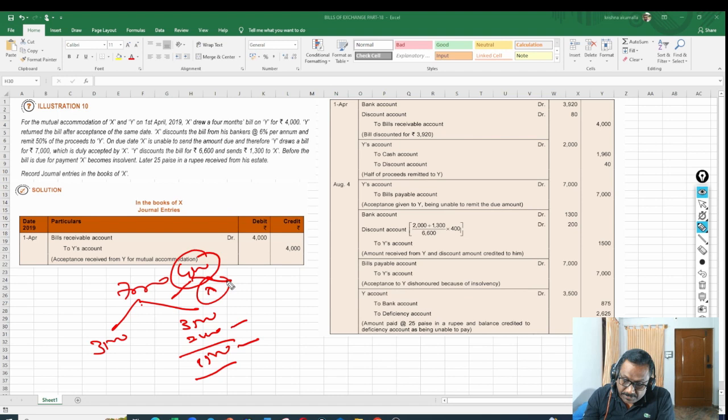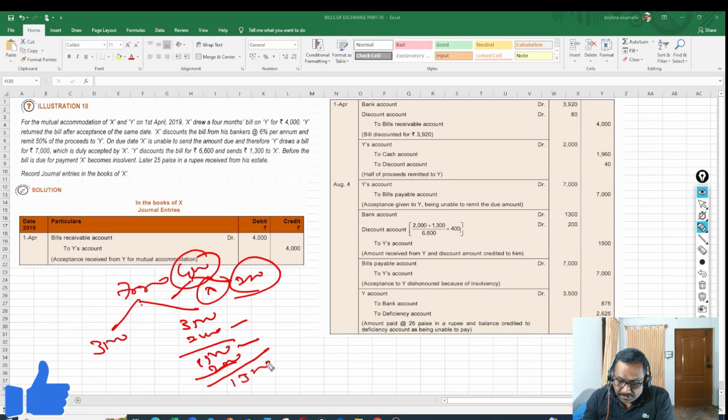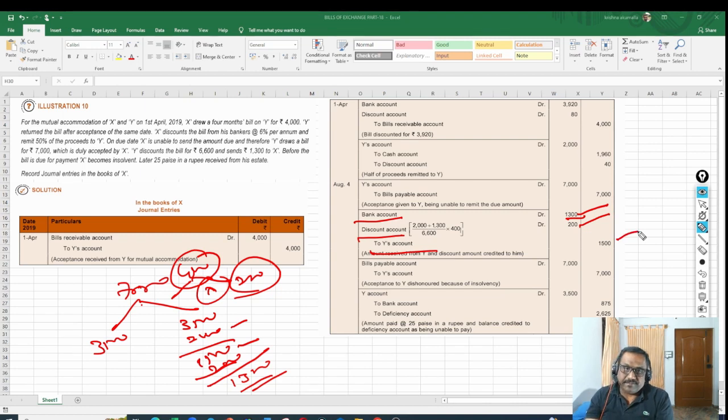Of this, 200 rupees he will bear and 200 rupees he will ask X to bear. So if he deducts 200 rupees, he has to pay 1,300 rupees to X. That is the reason X received 1,300 cash from Y. Bank account debit 1,300, discount lost 200, to Y account 1,500.